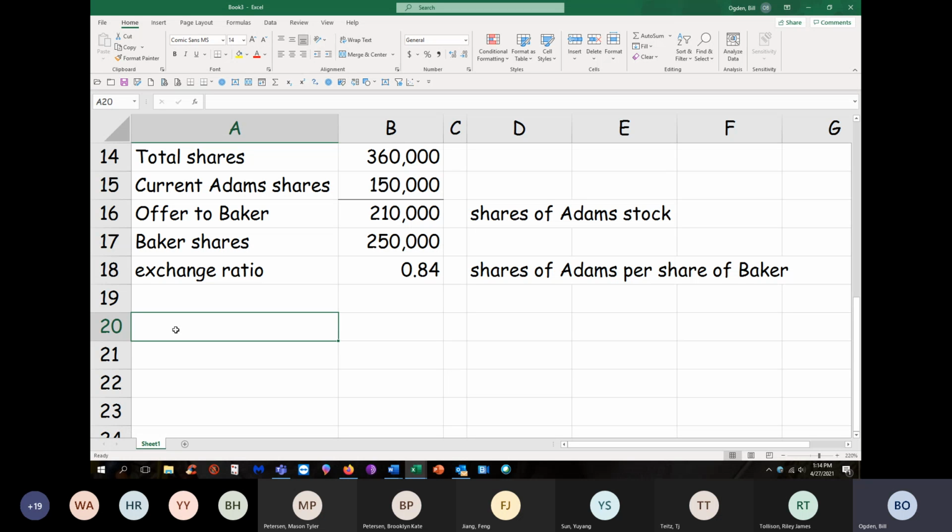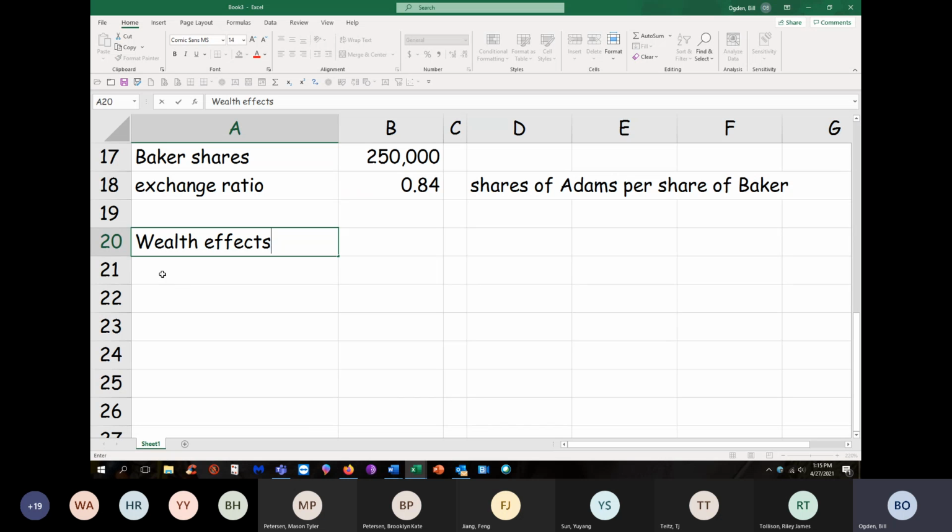Well, no, not yet. Let's do our first thing, and let's work on the wealth effects. The first thing you want to do is, what will the price be post-merger? So what should the price be when this is all said and done?